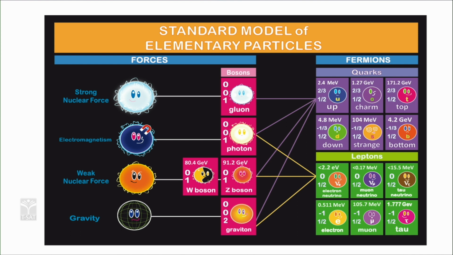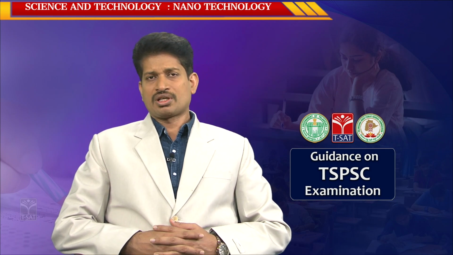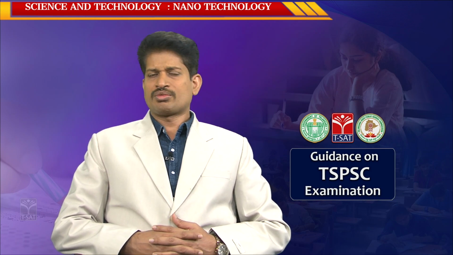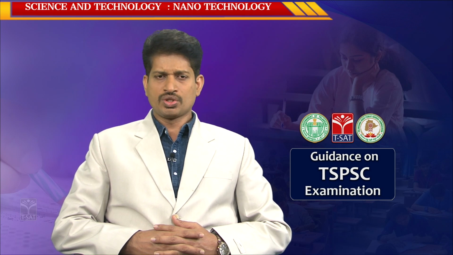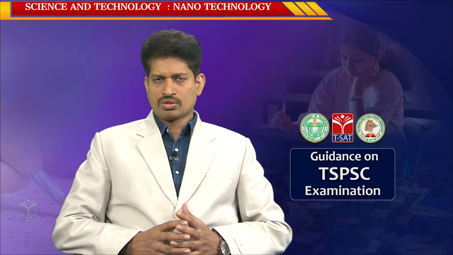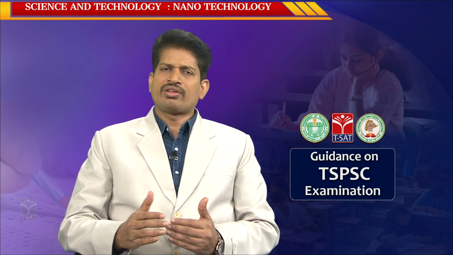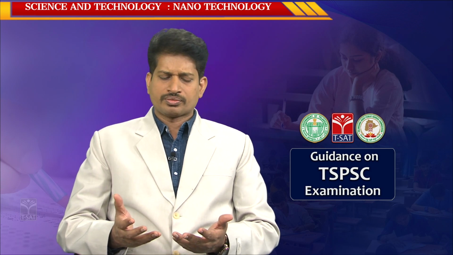These fundamental particles are considered particles which cannot be divided. A particle which is indivisible is considered a fundamental particle. These fundamental particles are classified into variants of quarks, leptons and bosons, which are just particles of matter.